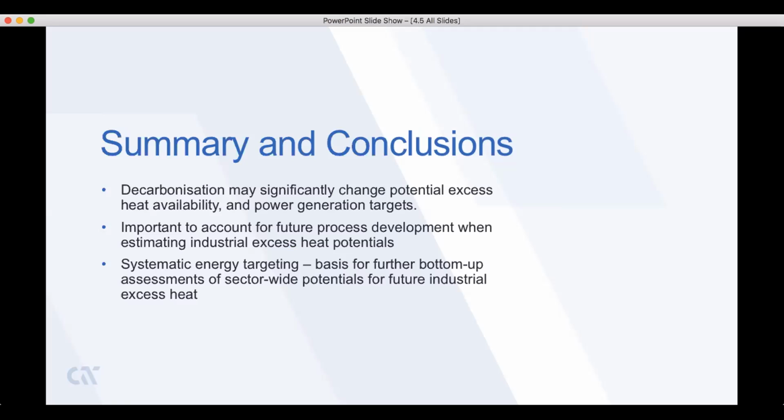However, as indicated by this work, decarbonisation of industrial sites may significantly change potential excess heat availability and quality, as well as power generation targets. This makes it important to account for future process development when estimating the potential for using industrial excess heat in other sectors and applications. To allow more general conclusions, further work includes applying the systematic energy targeting to more case studies. The results could form the basis for further bottom-up assessments of sector-wide potentials for future availability of industrial excess heat.